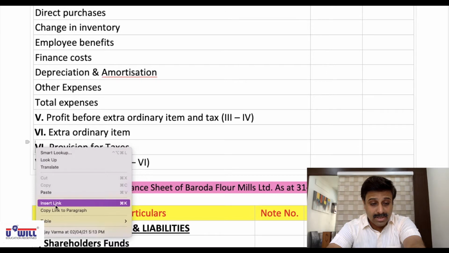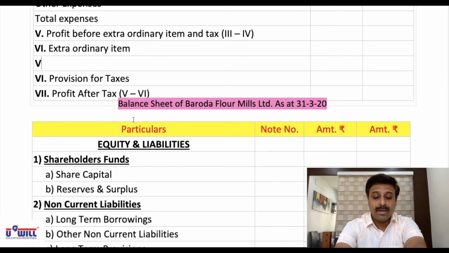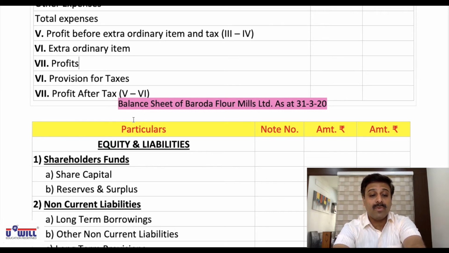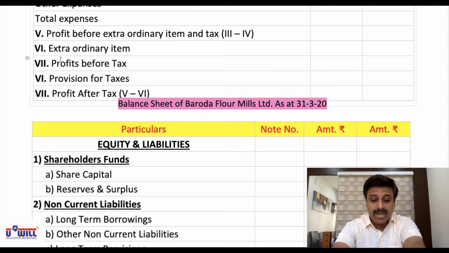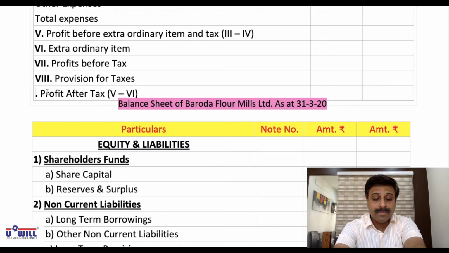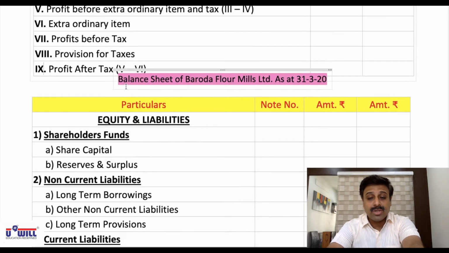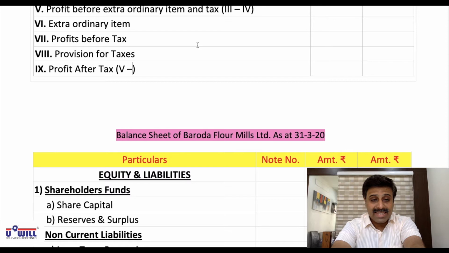Okay, so in this table, when you make it in this question, you keep these things in mind. 7th would be profit before tax, and then after that 8th would be provision for tax, and 9th would be profit after tax. So your profit after tax would be calculated in what manner? Yes, profit after tax would be calculated as 7 minus 8.